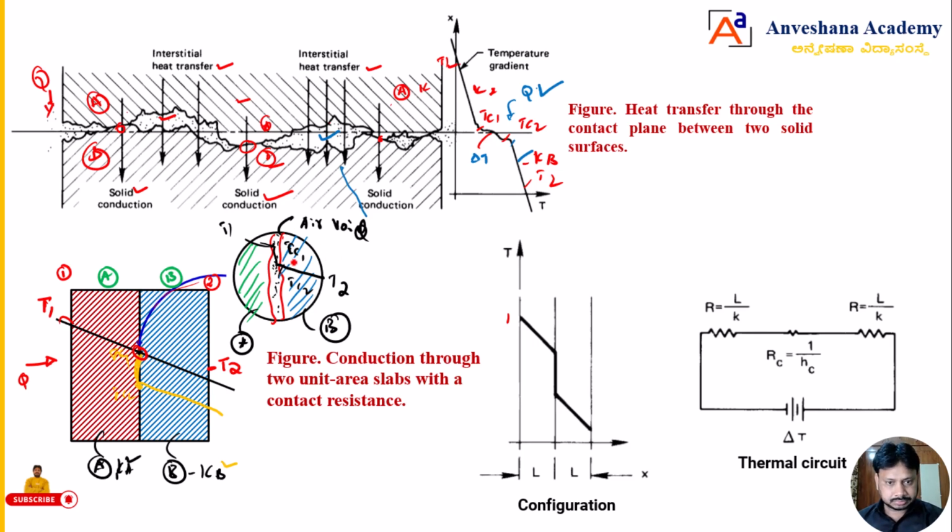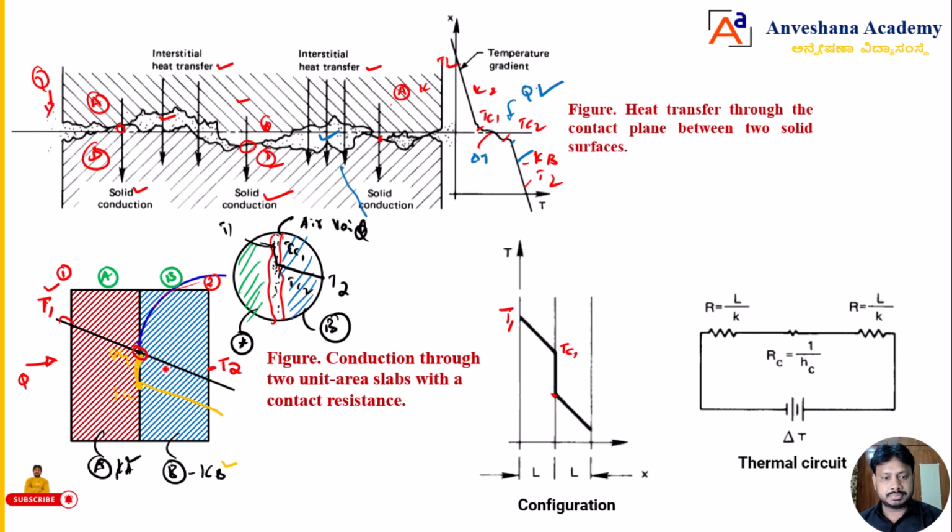Now, I told you, dear students, here the temperature is T1. Material 1, this side, I will mark as T1. Then it reaches the end of material A itself. At this particular point the temperature is going to drop. The temperature where it starts to drop, I will mark here as TC1, the thermal contact temperature at 1.